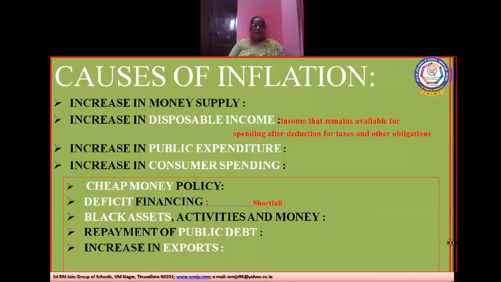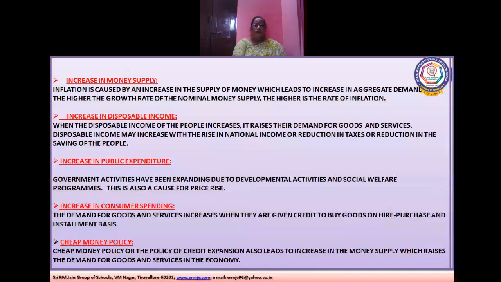Number six, deficit financing. Number seven, black assets, activities, and money. Number eight, repayment of public debt. Number nine, increase in exports. All these are related to the sixth lesson, banking. So we will go into detail about it later, but a little about each and every heading we will go through now.